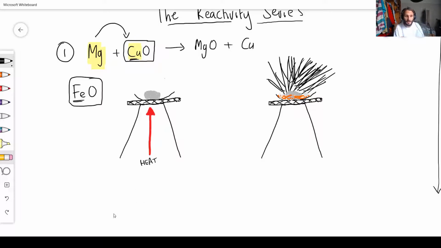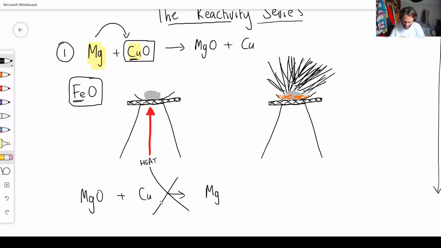If I had to do this the other way around, let's say I had magnesium oxide and copper, and I applied some heat and wanted to replace the magnesium with the copper, so that I could be left with magnesium as a solid, this does not happen.